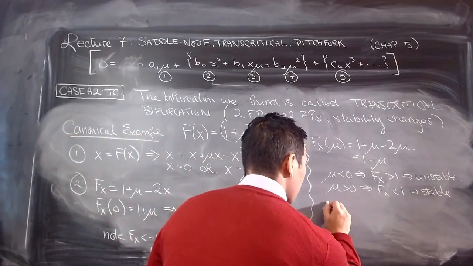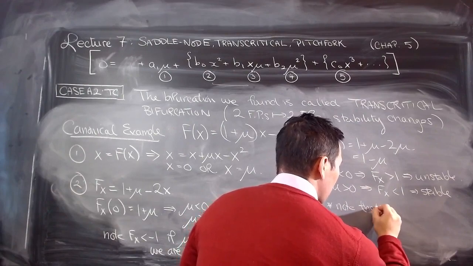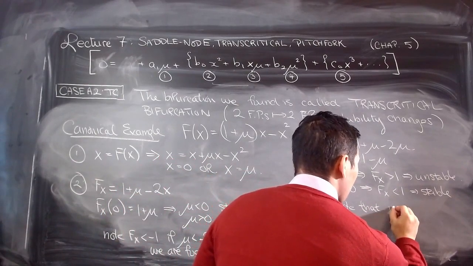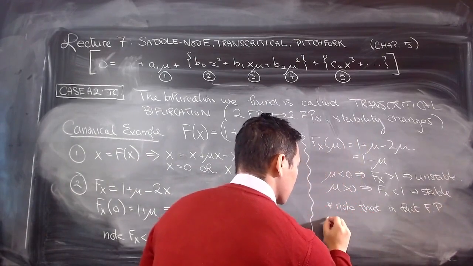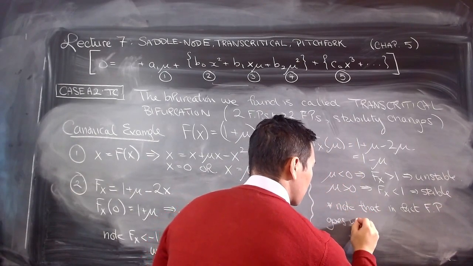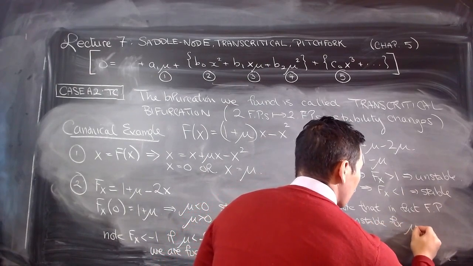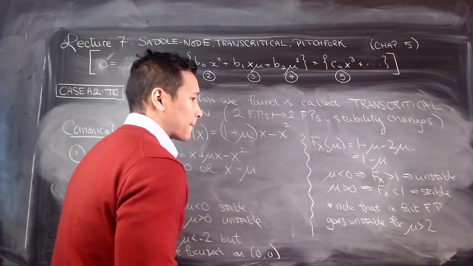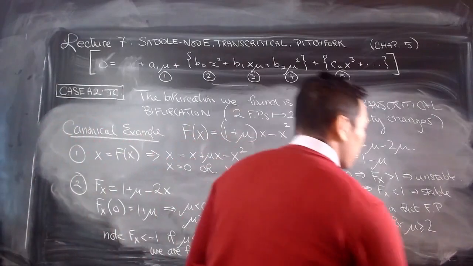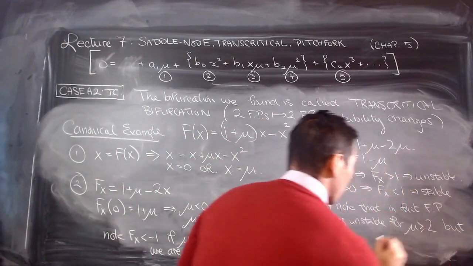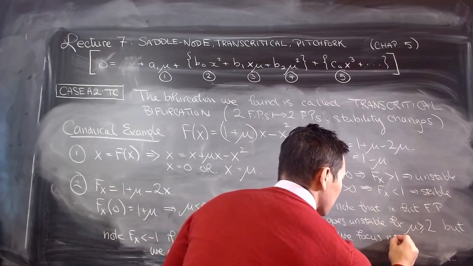Okay, so again, note that in fact, the fixed point goes unstable for mu greater than 2, greater than or equal to 2, I guess. But we focus near mu is equal to 0.